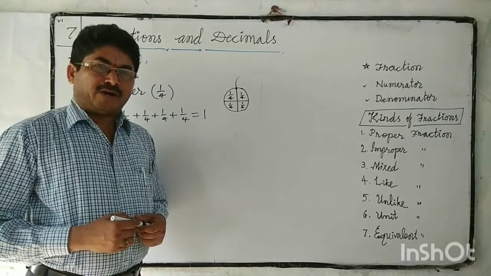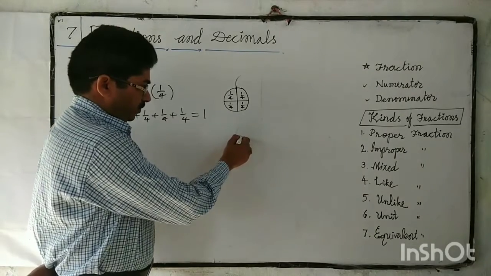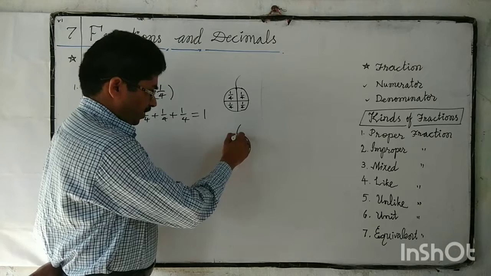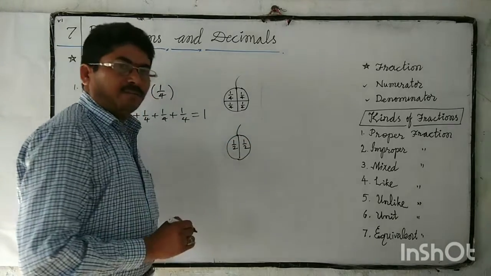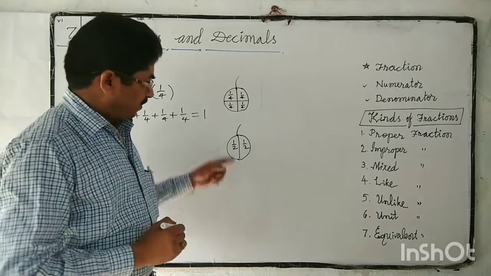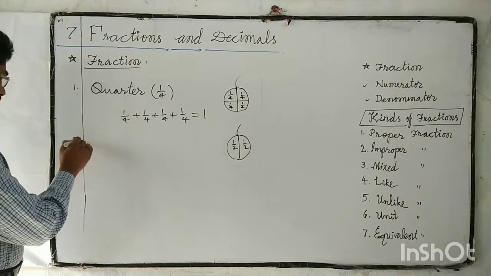Let us see one more example. If a quantity is divided into 2 equal parts, then each is called 1/2.